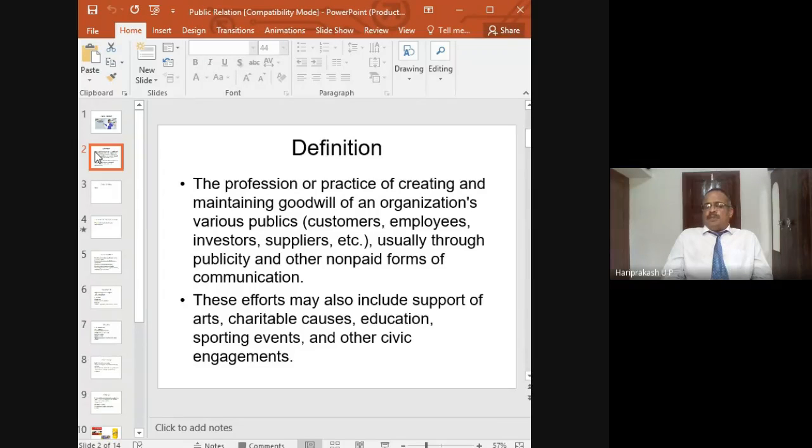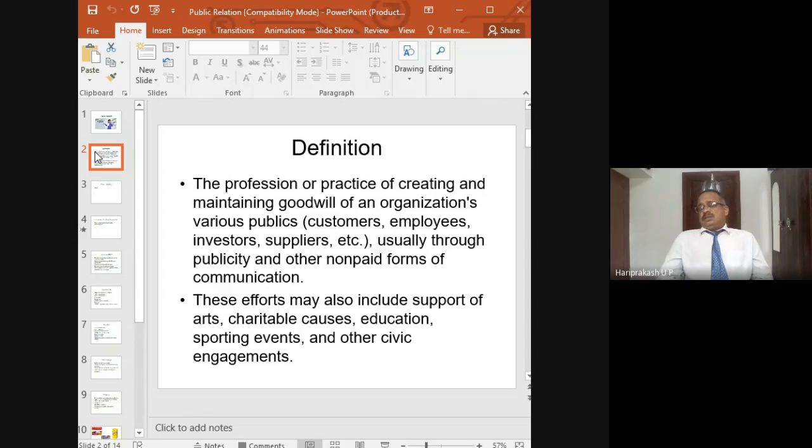Some arts vanish over a period of time because there is nobody to support them. Organizations find a purpose, that maintaining such culture is important for any region or country. Otherwise, it is lost. So they support them financially and provide some material and other support. That is also part of public relation activity.